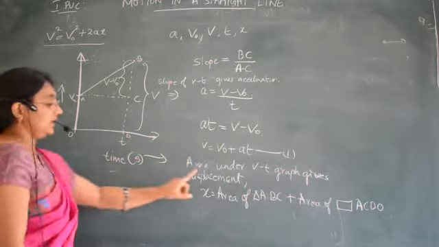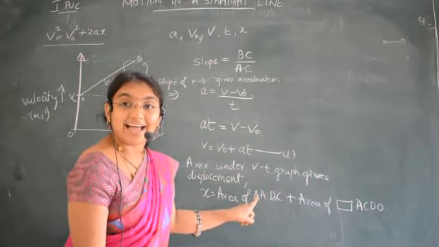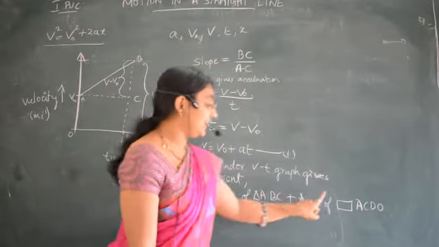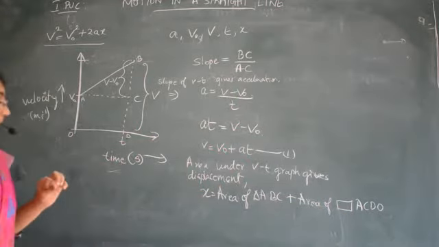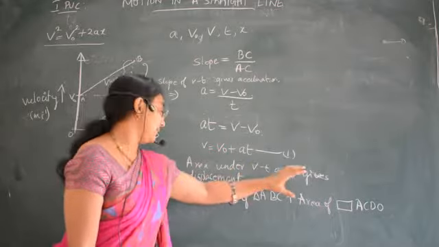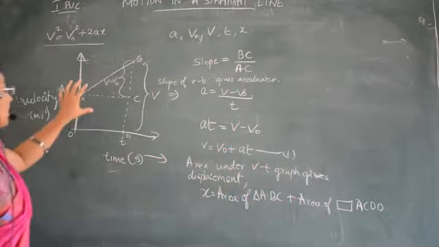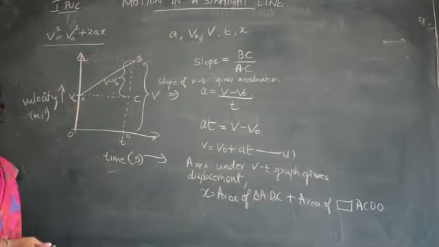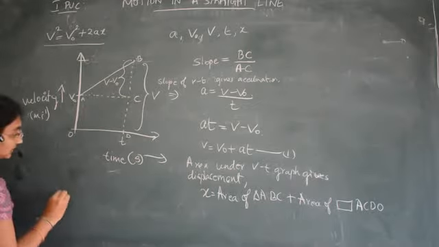See children, here please don't write this symbol, write triangle. Here write rectangle, don't draw the diagram like me. Okay, so area under velocity time graph gives displacement, that is x is equal to area of the triangle ABC plus area of the rectangle ACDO.